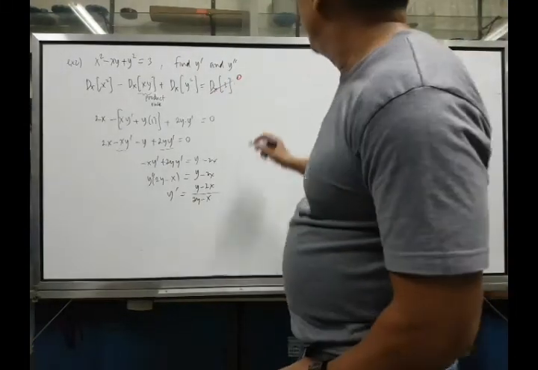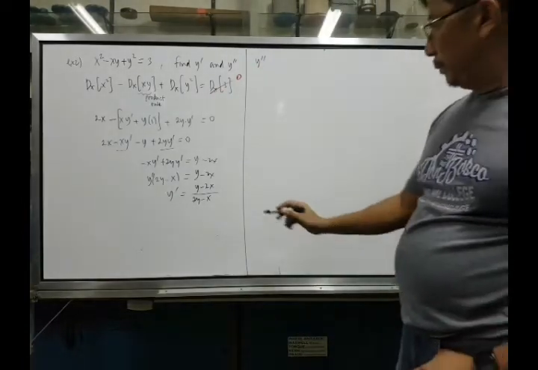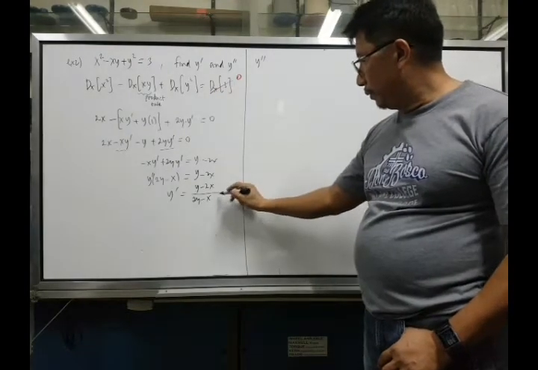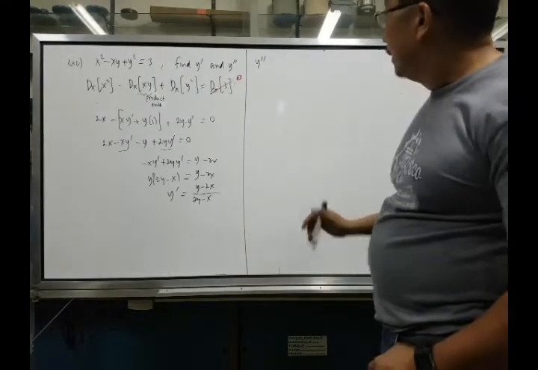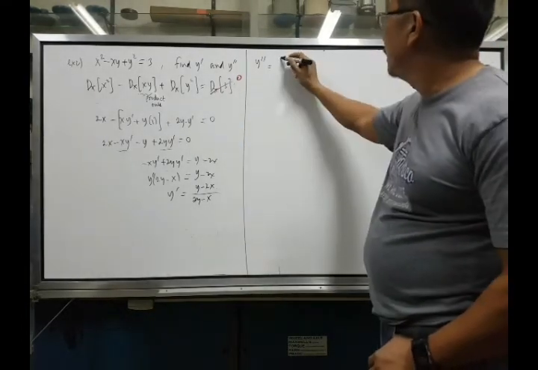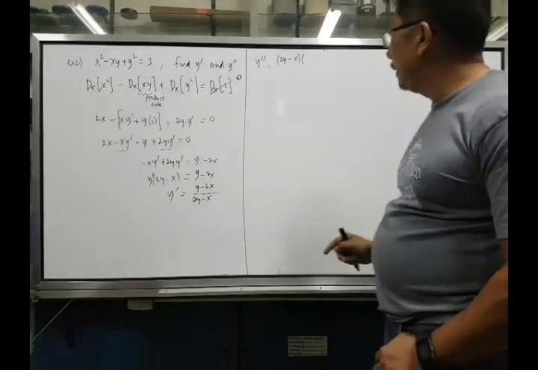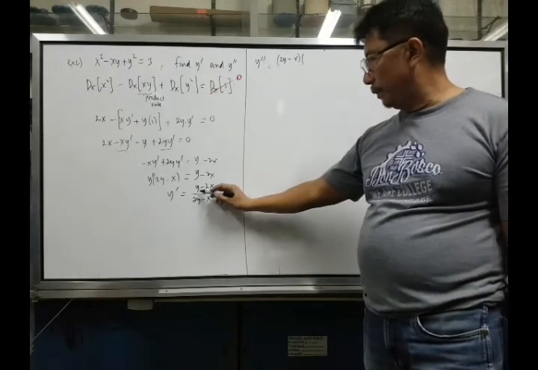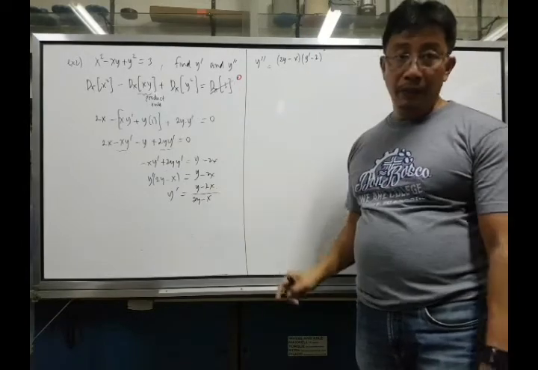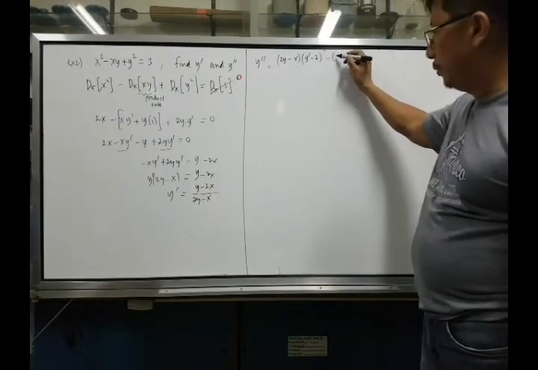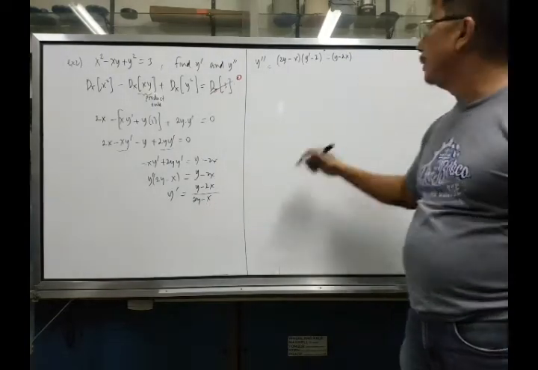So the next step is to calculate y double prime. To calculate y double prime, again we use the quotient rule because it involves a numerator and denominator. So the denominator 2y minus x times the derivative of the numerator, which is y' minus 2, because the derivative of 2x is 2, minus the numerator y minus 2x multiplied by the derivative of the denominator.